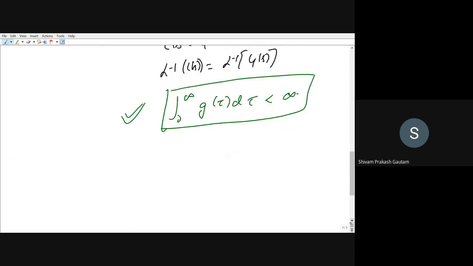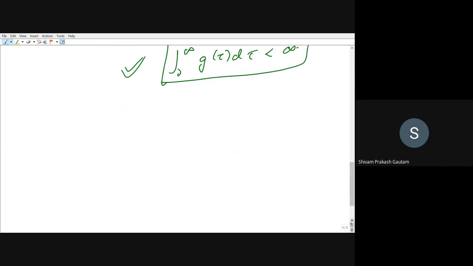Coming to the next category of our system: the marginally stable system. If any system gives oscillatory output for bounded input, then the system is marginally stable.